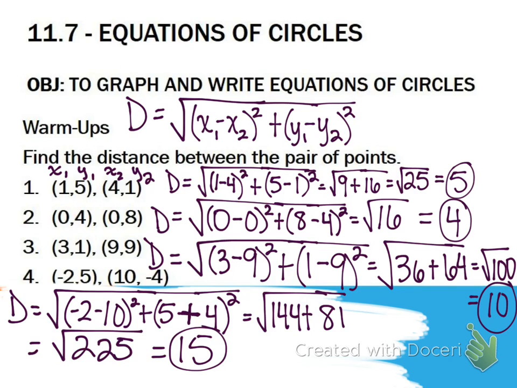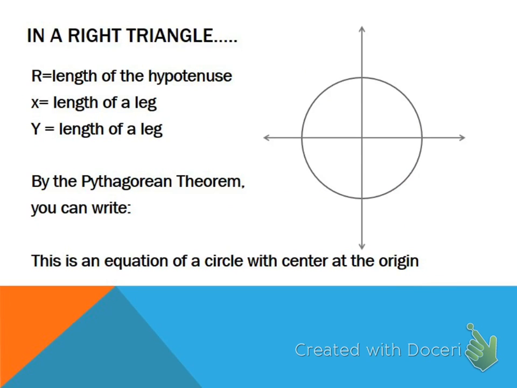All right, so today you can see our objective is to graph and write equations of circles. So these notes, you should have this diagram here for you that we are going to be drawing on. It talks about having a right triangle.